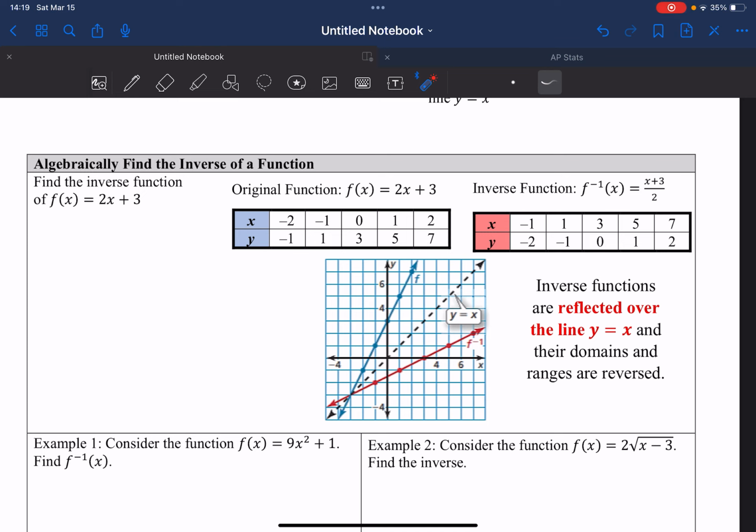Notice that the domain, the x's of the original function, became the range of the inverse function. Same with the range of the original function becoming the domain of the inverse function. And when they graphed the two lines, it was a reflection over the y equals x line. That's this dotted line here.